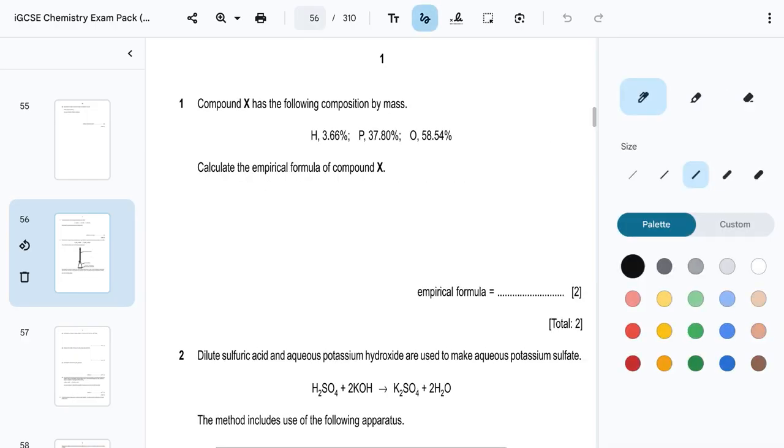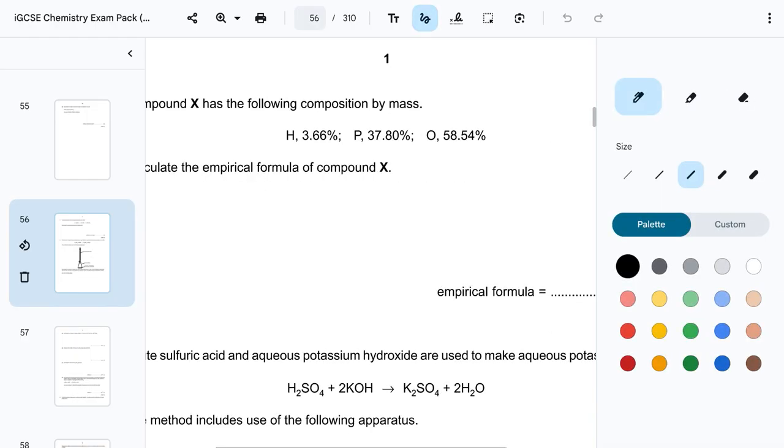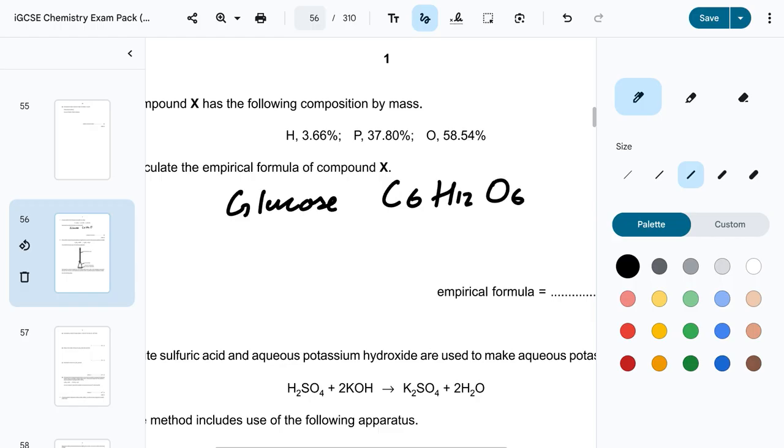For example, the formula of glucose is C6H12O6. In this formula you can see how many different types of elements are present in it.